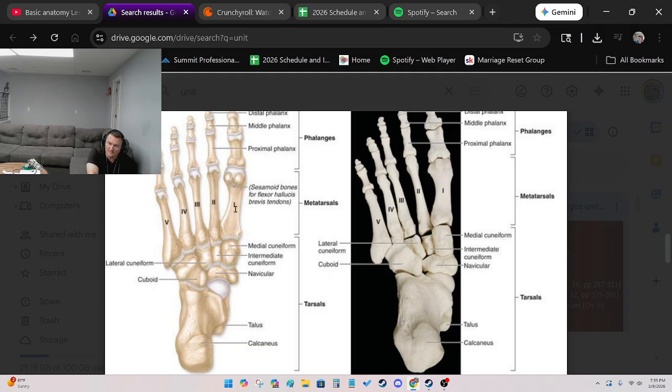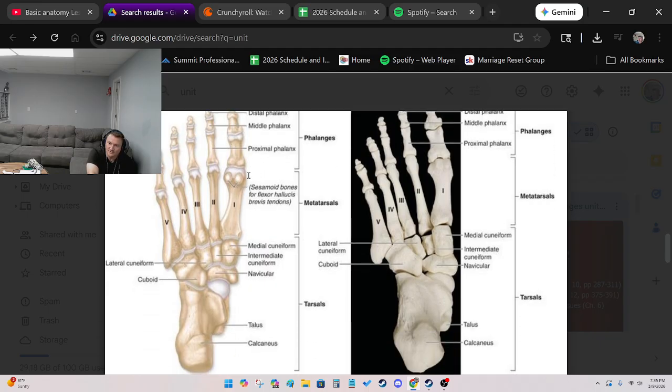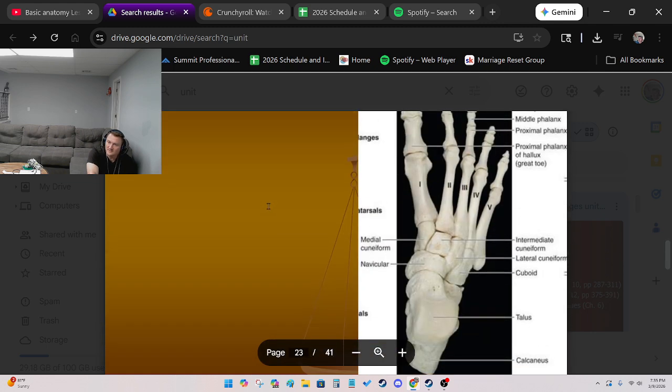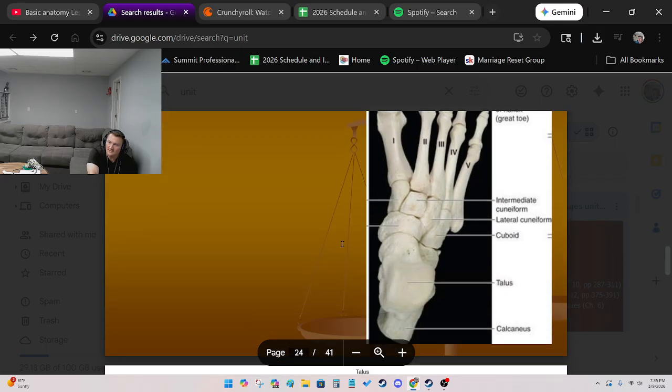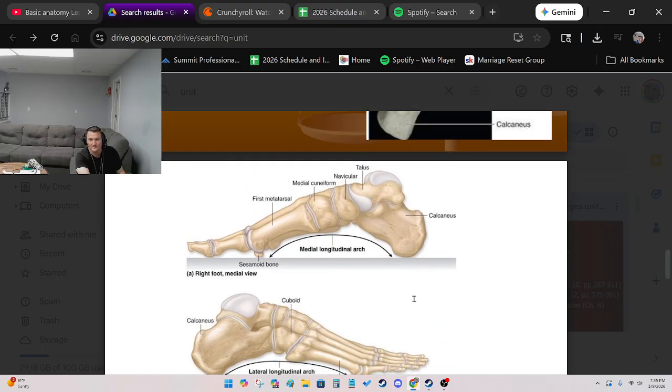Happens a lot at the base of the great toe or the hallux. Sesamoid bones. There they are. Okay, still looking at the right foot, and it's going over metatarsal and then phalangeals.